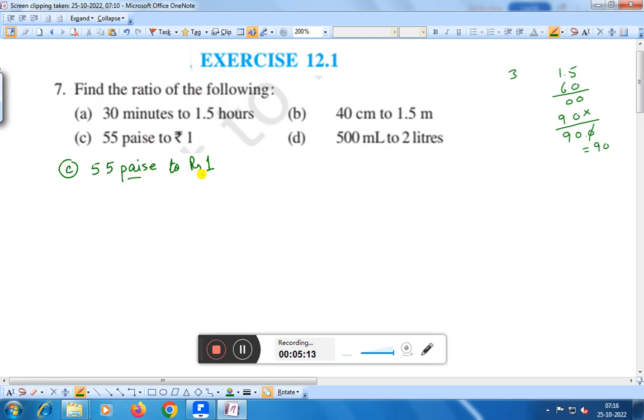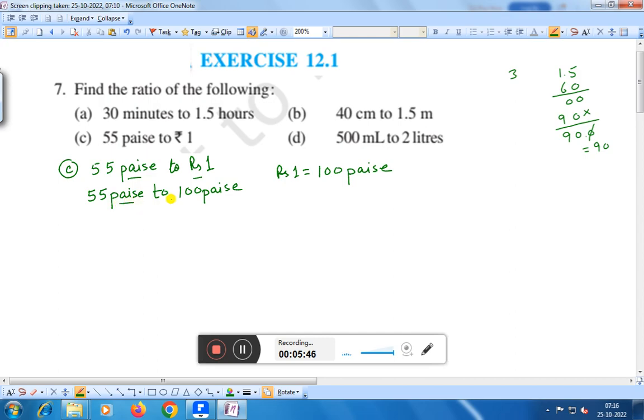Here you see this is paise and this is rupee. Units are different. You have to change in the same unit. Therefore, we know that rupee 1 is equal to 100 paise. Therefore, you can write 55 paise to 100 paise.